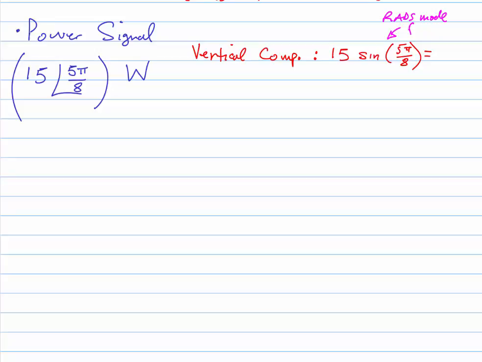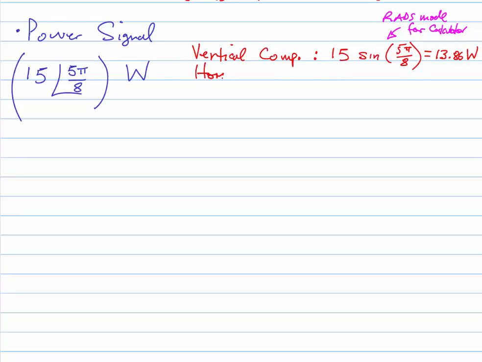So radians mode for calculator. If you keep it in degrees mode, you're going to get the wrong answer. Okay, so if you put your calculator in radians mode, you should end up with 13.86 watts.